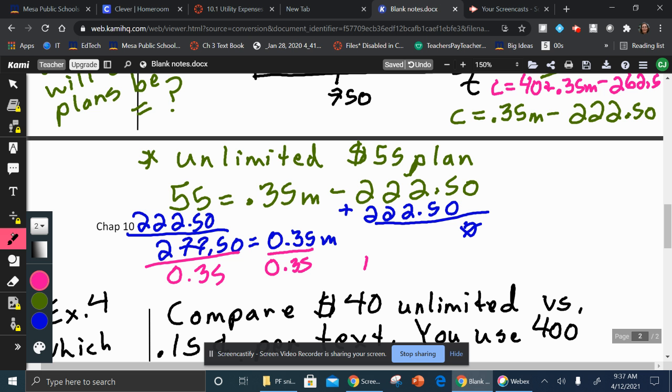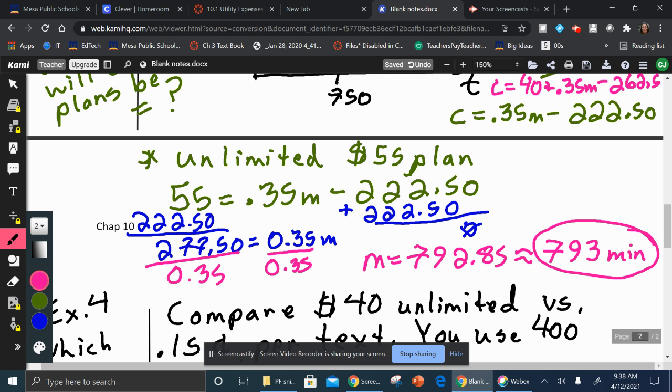Okay, and I got 792.85. So I'm going to round that up, everybody, to 793 minutes. Okay, so that's when those two plans would equal each other.